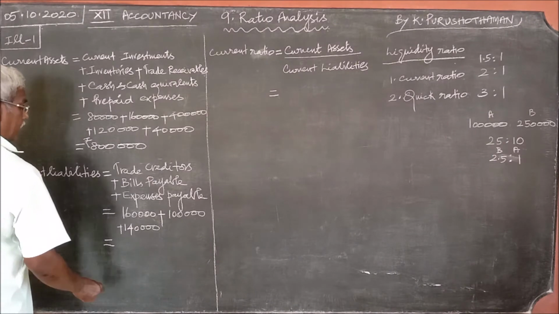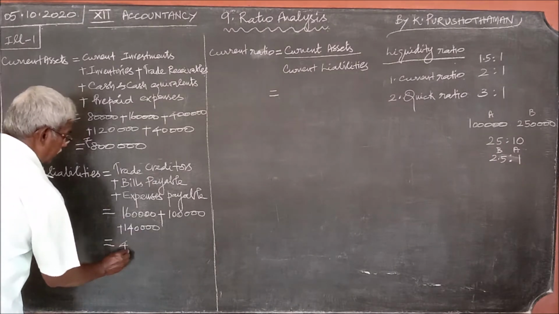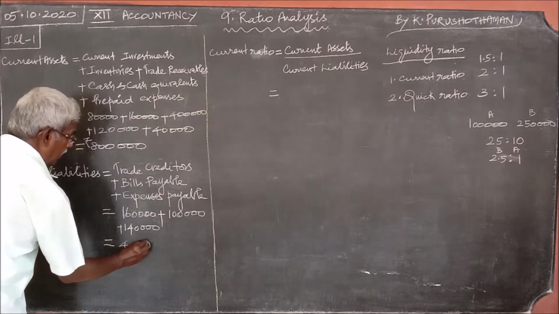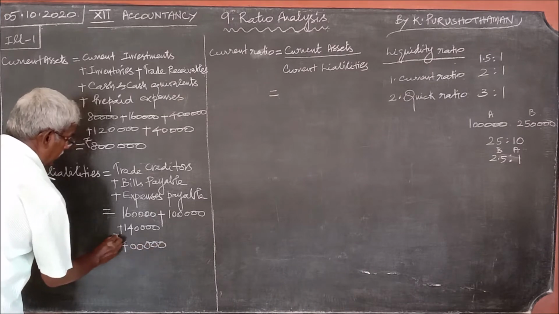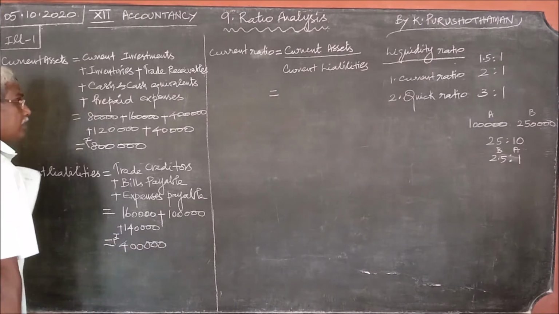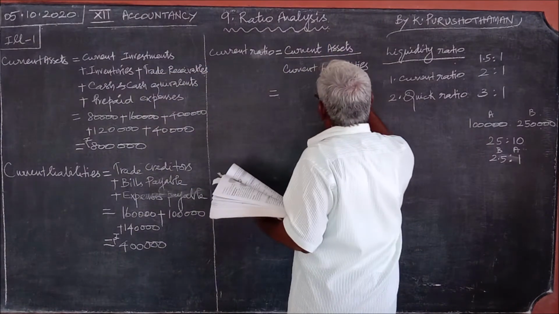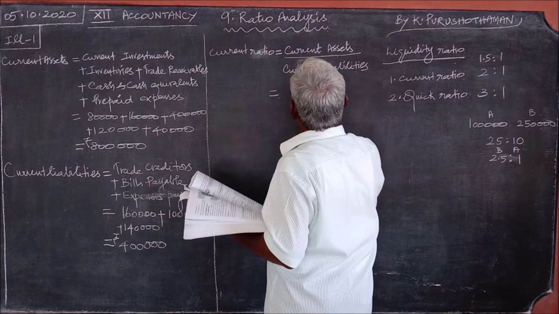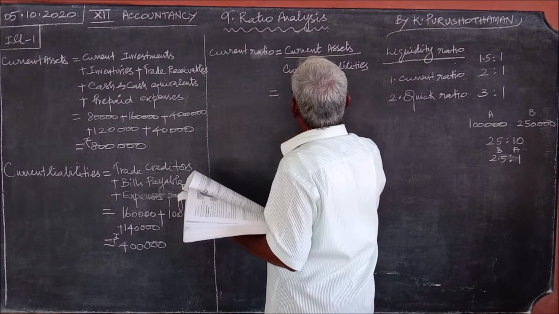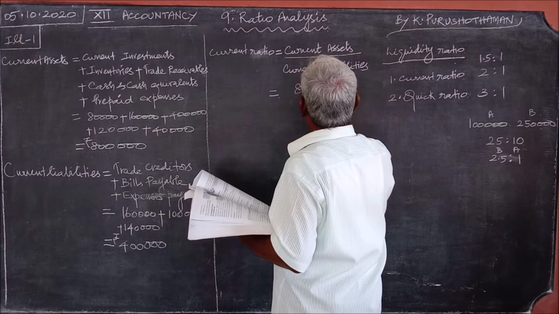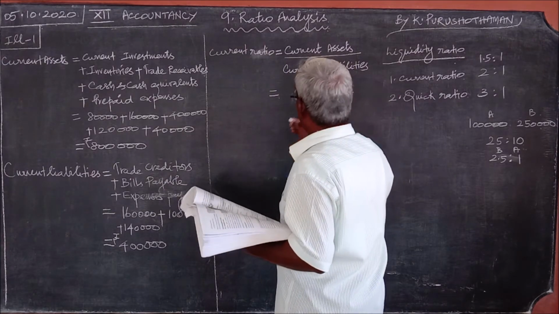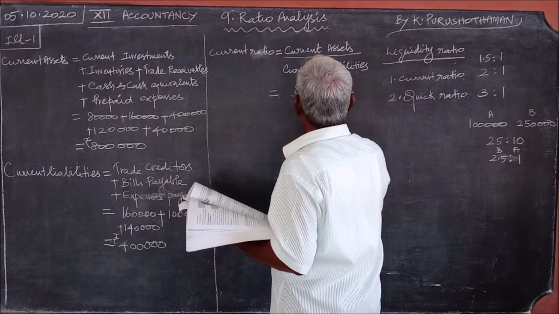This is equal to 4 lakhs. So, for the numerator and the denominator, we have got the answer. Numerator, it is 8 lakhs. Denominator, it is 4 lakhs.